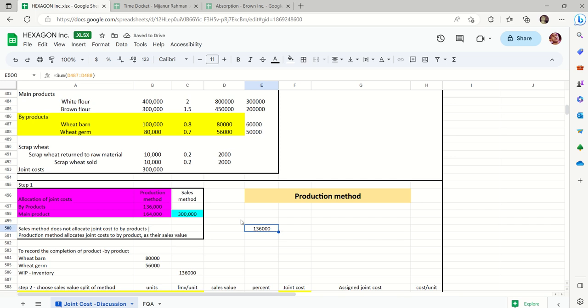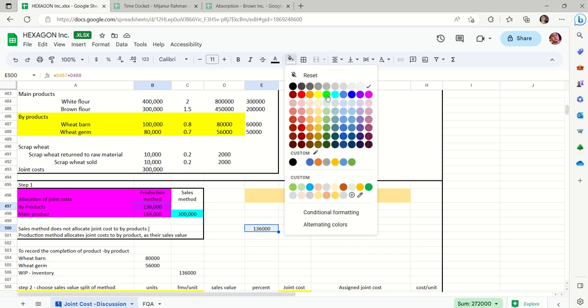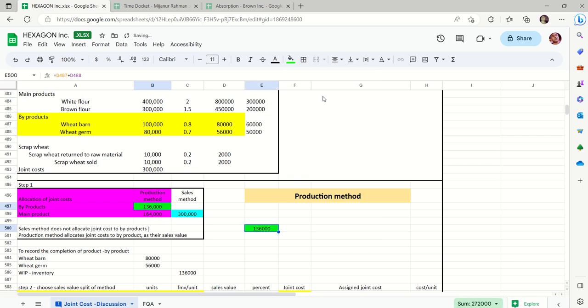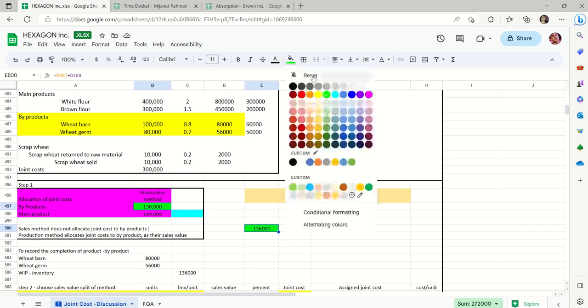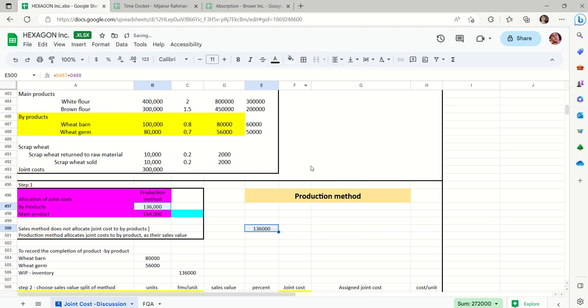So that would be, again, 80,000 plus this 56,000, 136,000. Does this cell match the one highlighted in green? Yes, it does. Once we find out, under the production method, we're dealing with the production method now, let's not consider the sales method at this time. We allocated joint costs to the byproduct, that is 136,000.